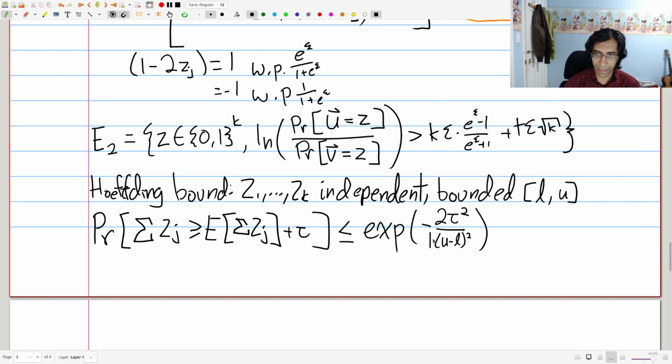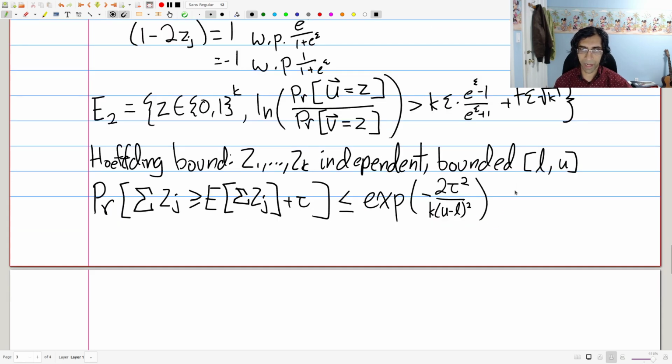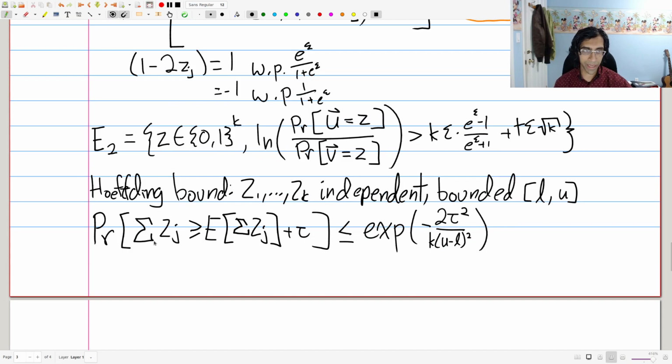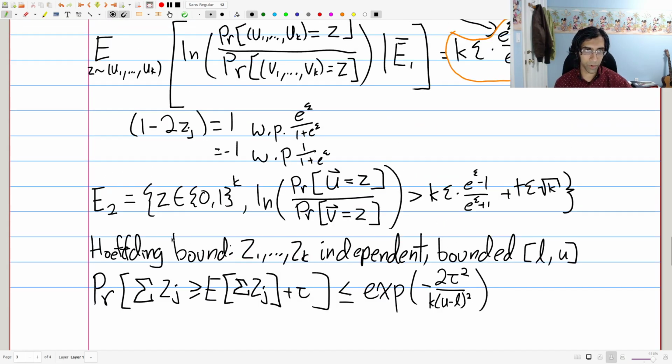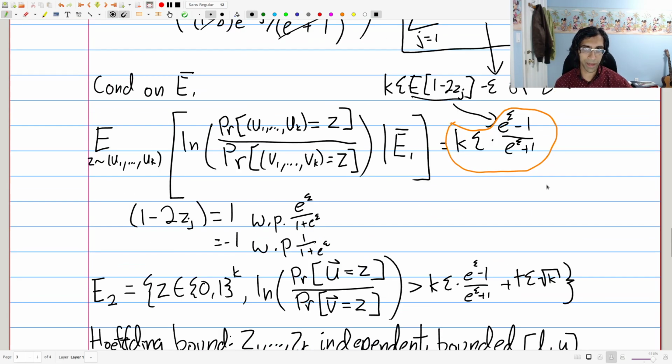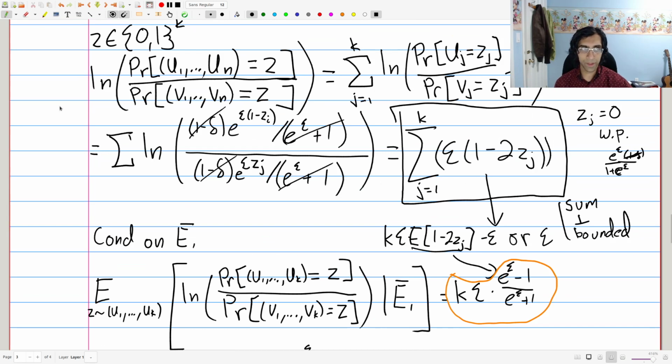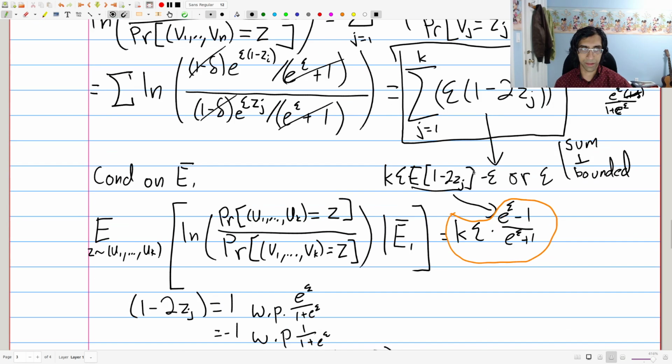Okay, so this is the Hoeffding bound. You can refer to some references, which I'll provide. All we're going to do is plug in these summands here, because the privacy loss random variable can be expressed as a sum of these random variables.